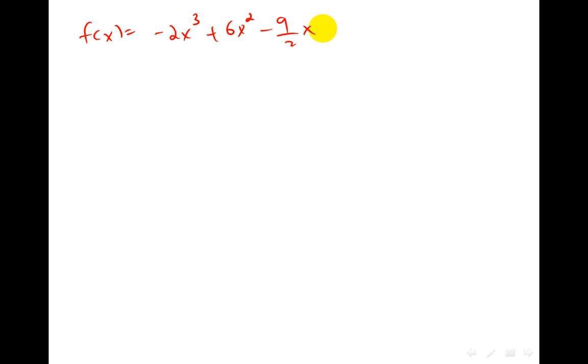Minus 2x cubed plus 6x squared minus 9 over 2x.